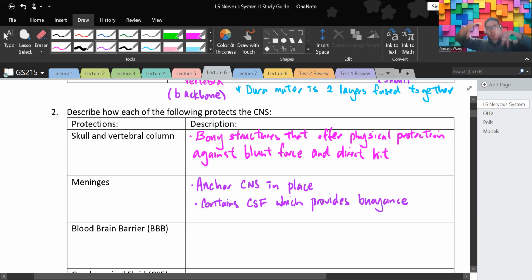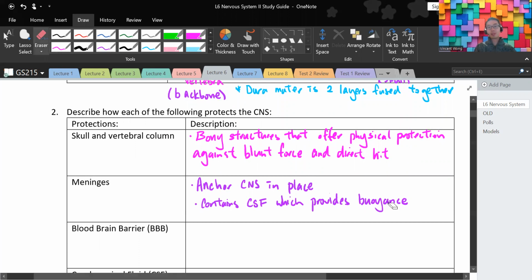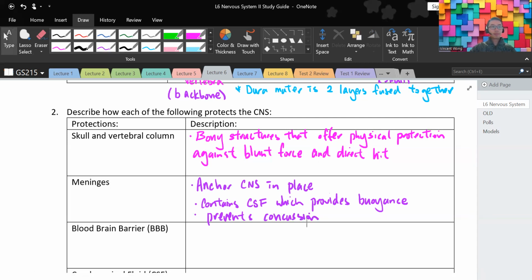Try to push a volleyball under the water in a swimming pool. It's really hard to do because of buoyancy. Similarly, you have buoyancy inside the skull, and that's why you don't really feel the weight of your brain, because it's kind of floating in there, and it prevents concussion.